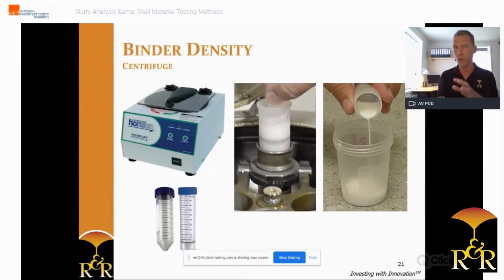But before I continue with measuring the actual binder density, I want to point out the importance of this sample preparation, because the centrifuged binder is used in multiple tests, so you need to have enough material available to do them all. I normally prefer to have at least 40 milliliters.